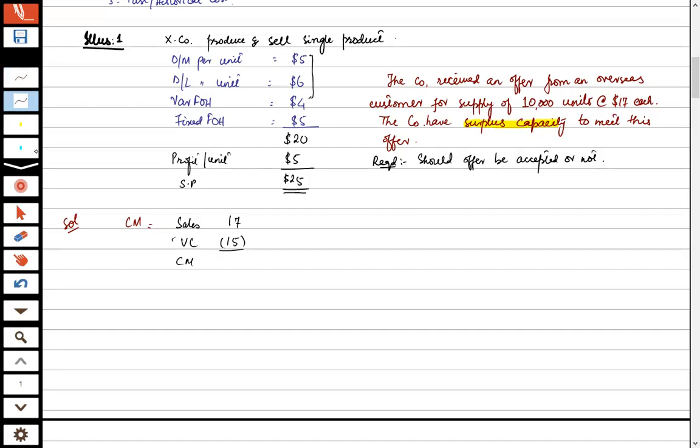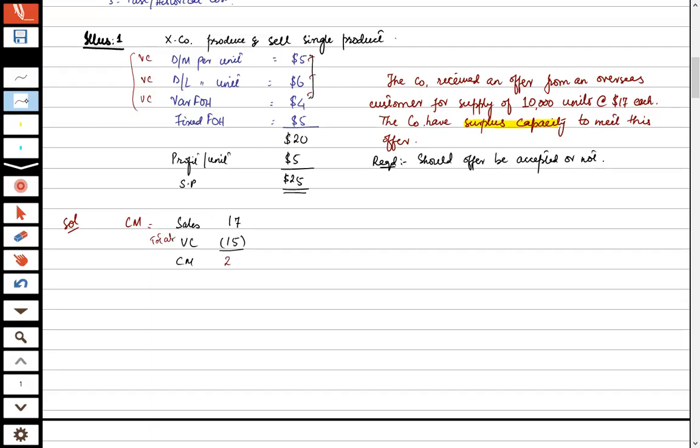Direct material is a variable cost, direct labor is a variable cost, and variable FOH is a variable cost. They are 5, 6, and 4. The total of 5, 6, and 4 becomes 15. So I have written here total variable cost. Oh, okay. Then CM is 2. Yes. Clear?